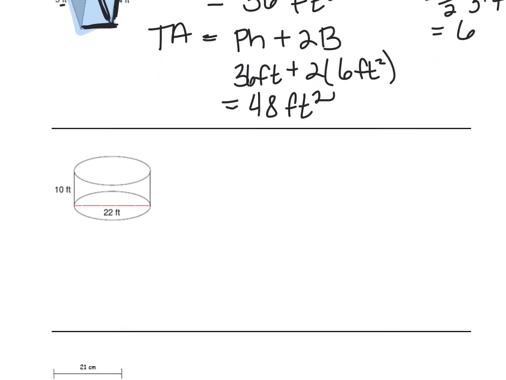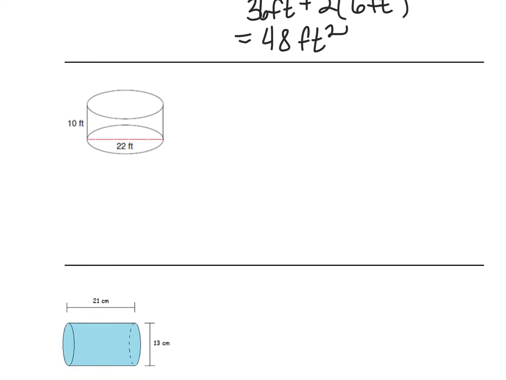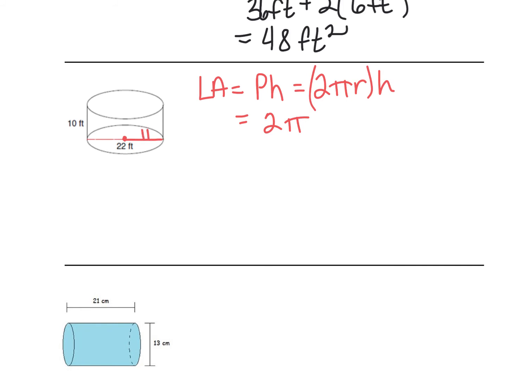Okay, now we're going to do a cylinder. So we have our lateral area, and that's equal to our perimeter or circumference times the height. So the circumference is 2 pi r, and then we'll multiply that by our height. So we have 2 pi times our radius, which is half of our diameter.